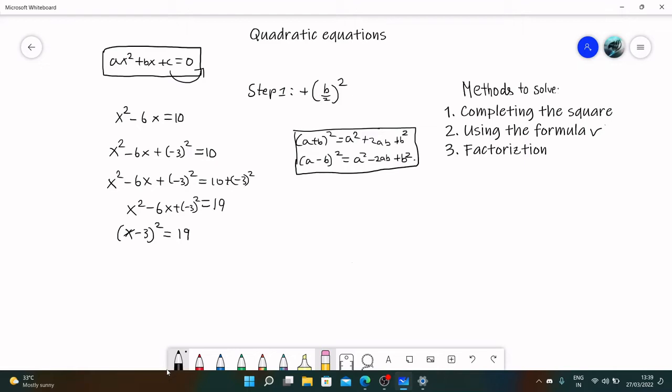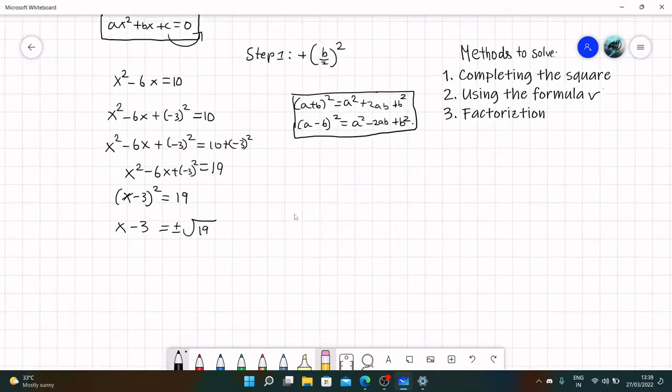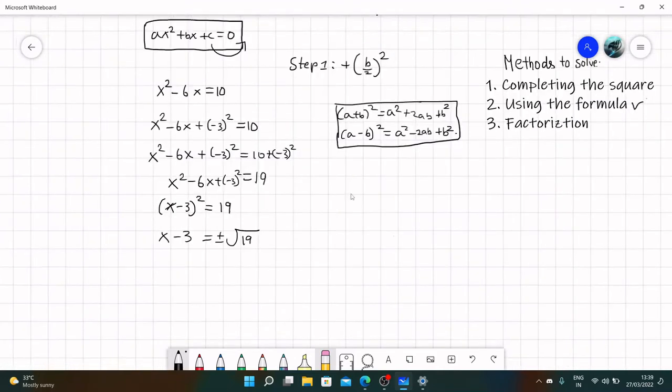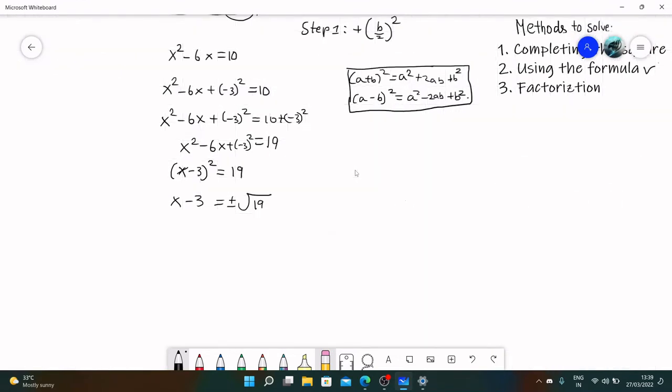When you have a square over here and you want to find x, you move the square to the right side, and you'll get x minus 3 equals plus or minus square root 19. That's very important. When you're moving a square, the value can be positive or negative, so you need to take both into consideration. Now we want to split this into two.